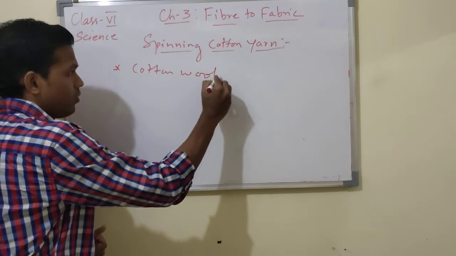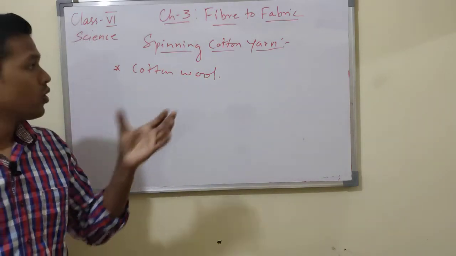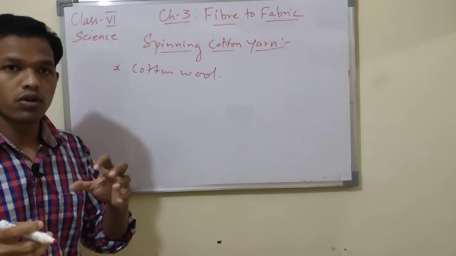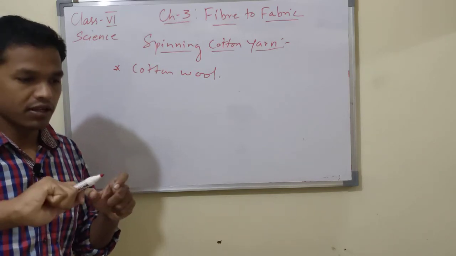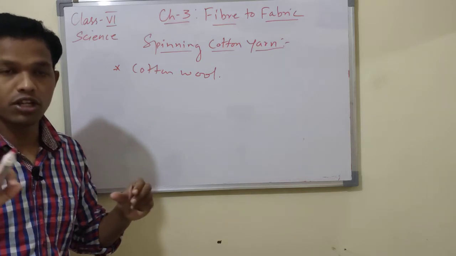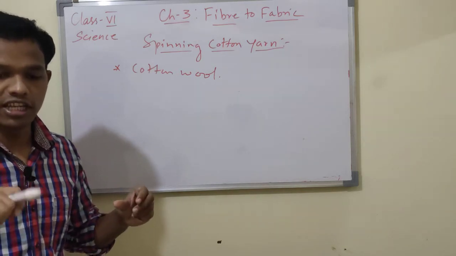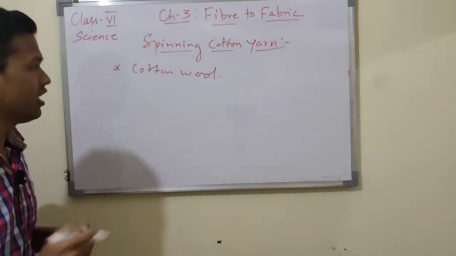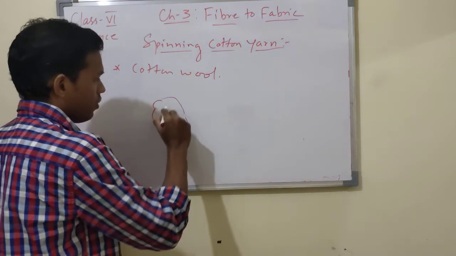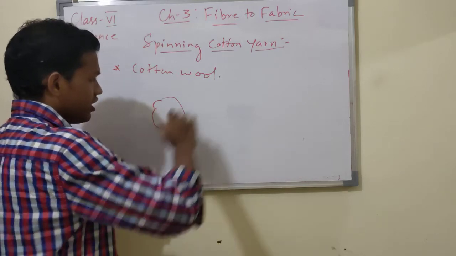Take some cotton wool, a mass of cotton wool. That cotton wool is pulled out, and while drawing out continuously, it is twisted. By hand or by machine, these are drawn out.